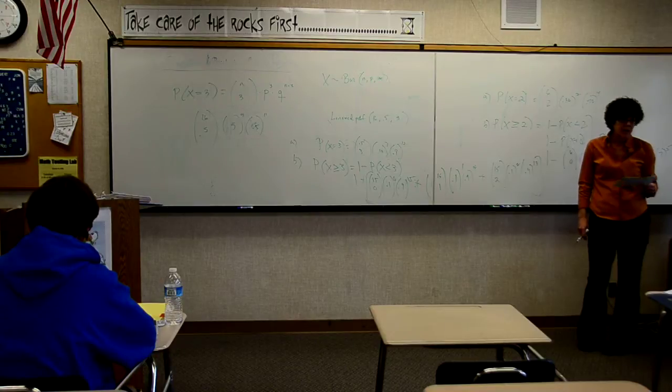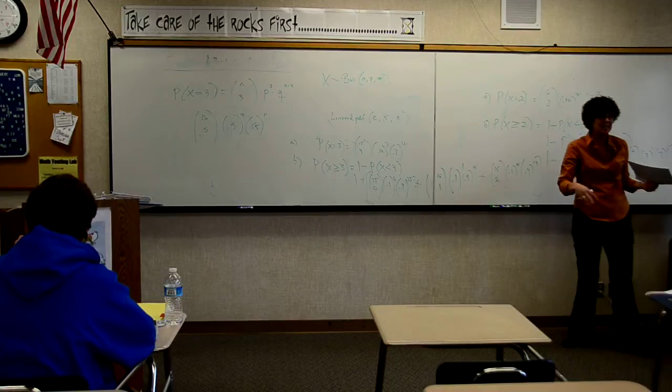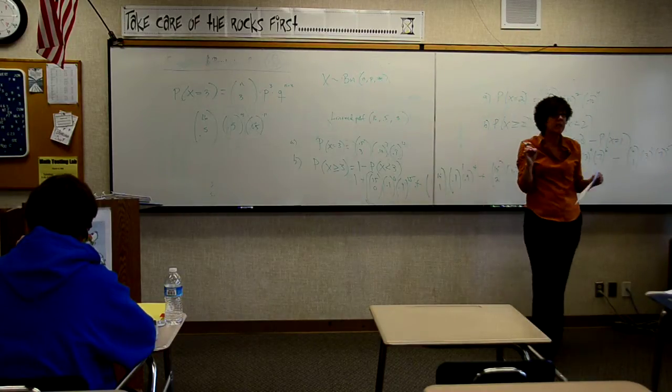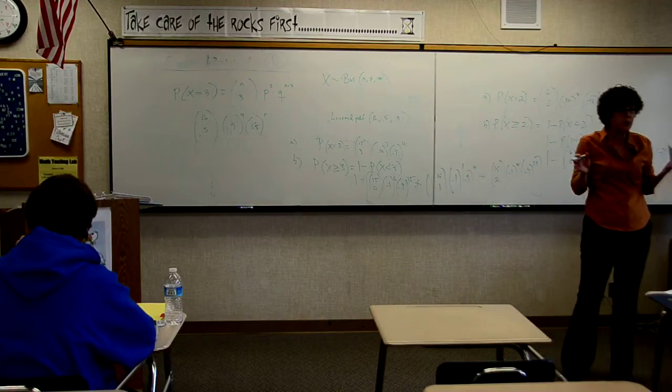Okay. Now there is an easier way to do this when you have probability that X is. But here's what you have to do. Here's what the calculator will do, and then you have to adjust.